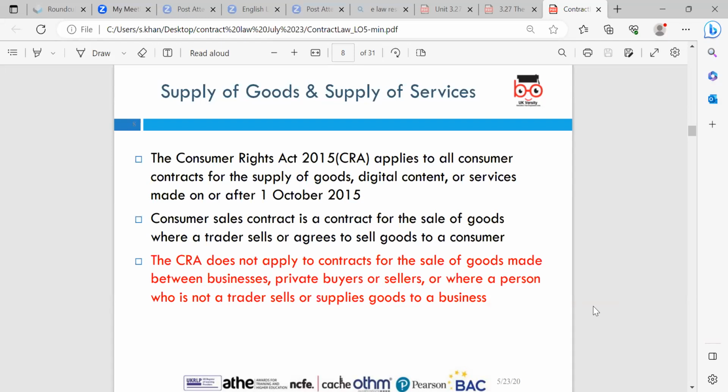A consumer sales contract is a contract for the sale of goods where a trader sells or agrees to sell goods to a consumer. The Consumer Rights Act 2015 does not apply to contracts for the sale of goods made between businesses, private sellers or buyers, or where a person who is not a trader sells or supplies goods to a business.